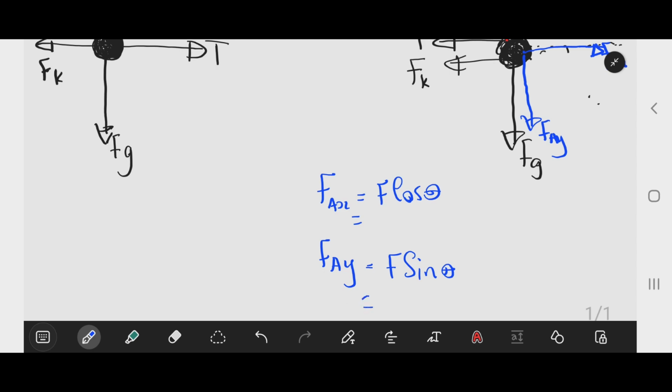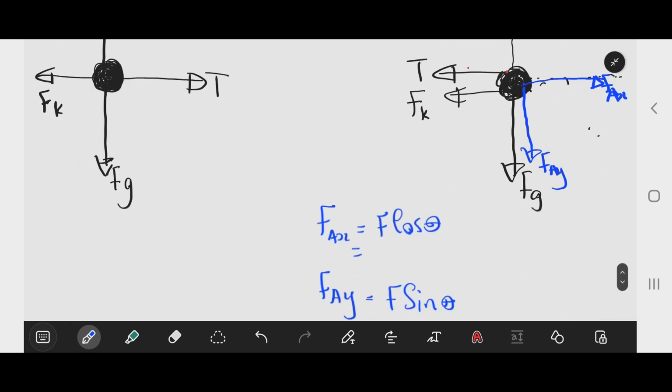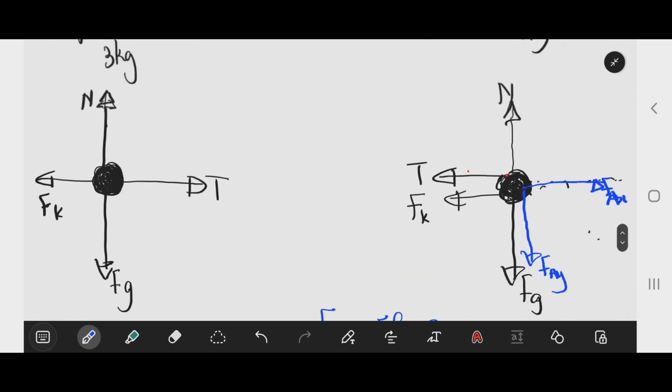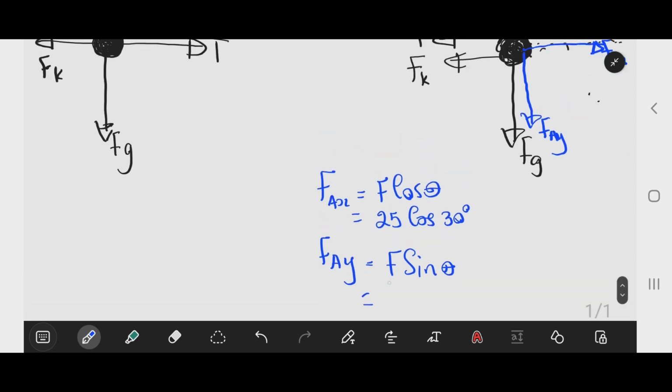And your Fay would be F sine theta. Now, when you go back to the instruction, they said your applied force is 25 newtons, right? So this would be 25 cos of your angle, which was 30 degrees, and this one would be 25 sine 30.